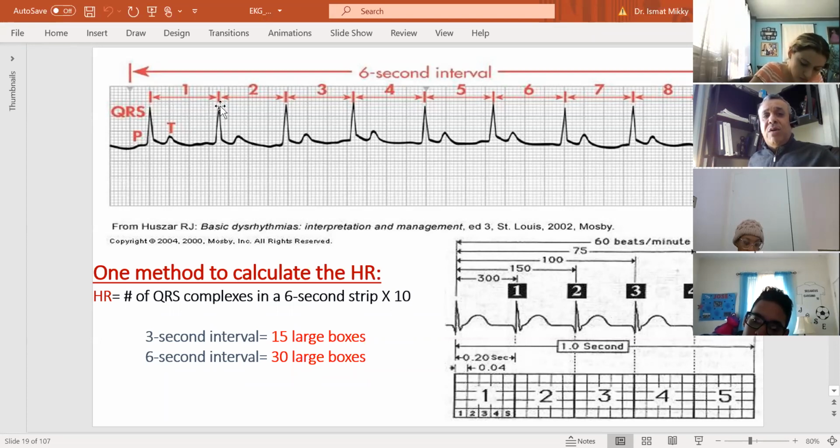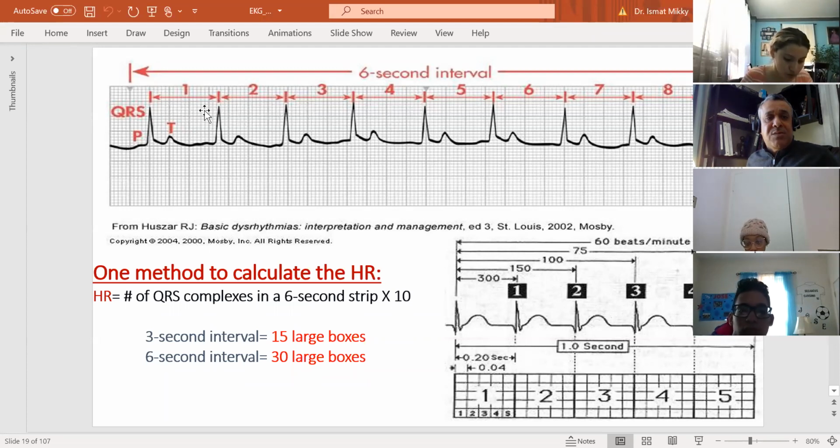See if the R wave to R wave is consistent, the same distance. It has to be about 3 large boxes, which is 3 times 5, 15, and then another 2, about 17 small boxes.